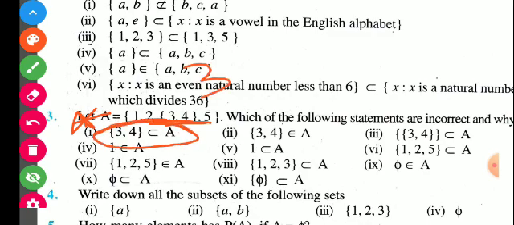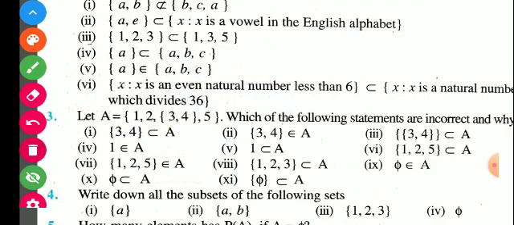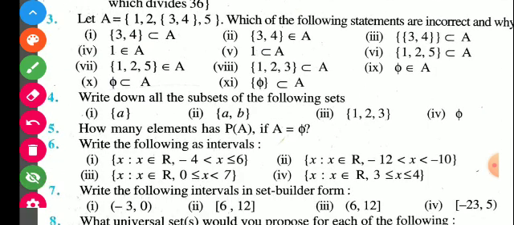We have to write that {3, 4} belongs to set A. It was written as a subset, so that's why it is wrong. Now it is correct. So here we have given two brackets. This way we have to do the other problems. You will do all of this.